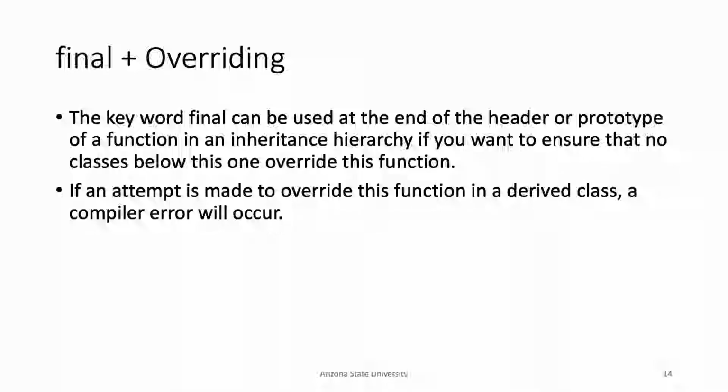Well, if we didn't restrict what we could do, then the ASU instructor or professor class can override that change ID function and do something different. The way that we can prevent this is by using the keyword final. All that keyword does is say, if you want to change this function in a subclass, override it in a subclass, you can't do it.